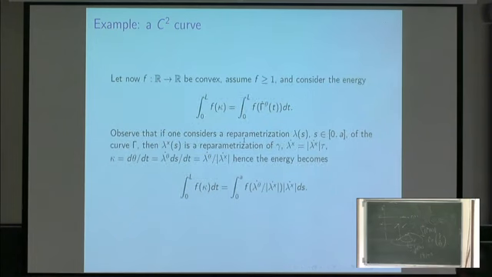Okay, so if we have a more general function of the curvature, the energy f of kappa can be written in this way. It's f of gamma theta dot, where gamma theta is the theta component, so it's theta if you want, and gamma dot theta is the curvature of the initial curve.